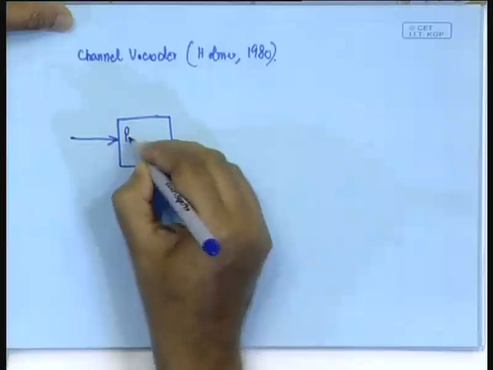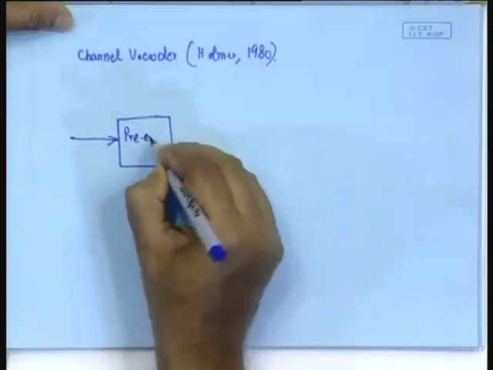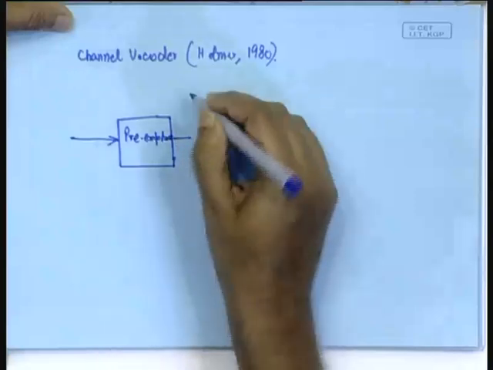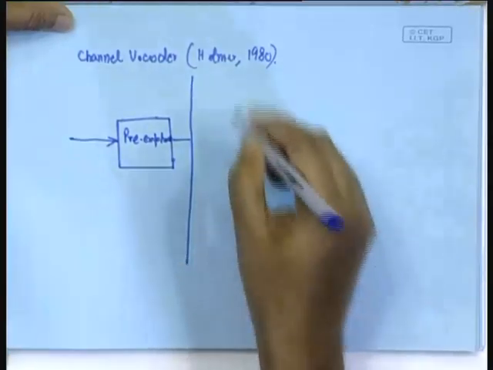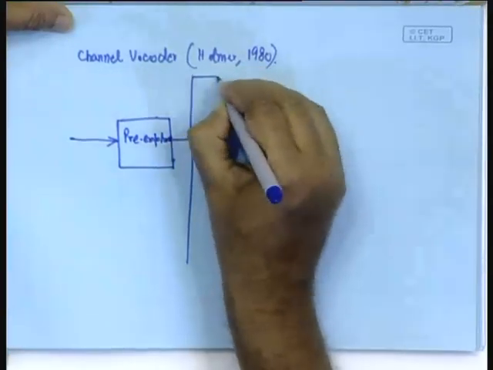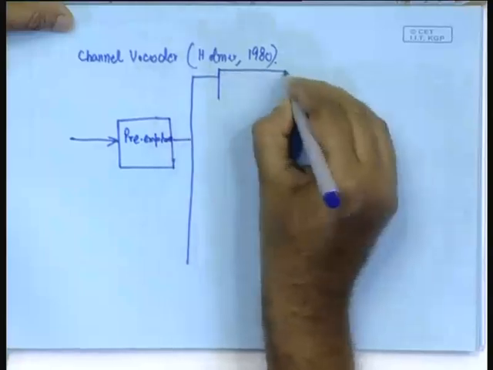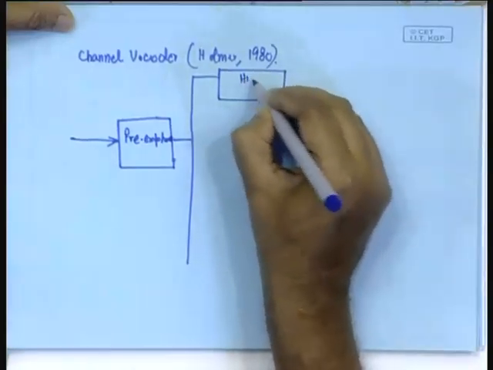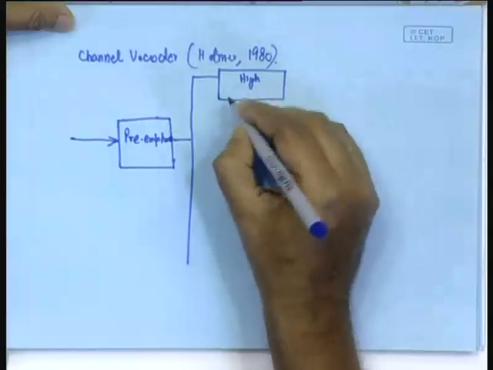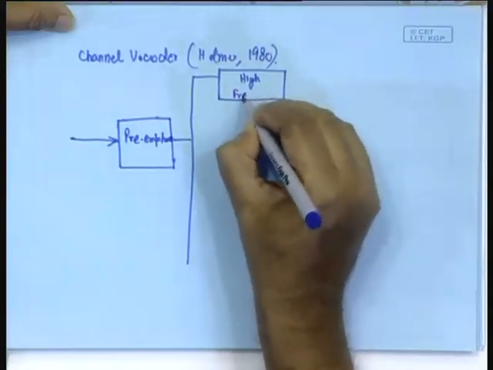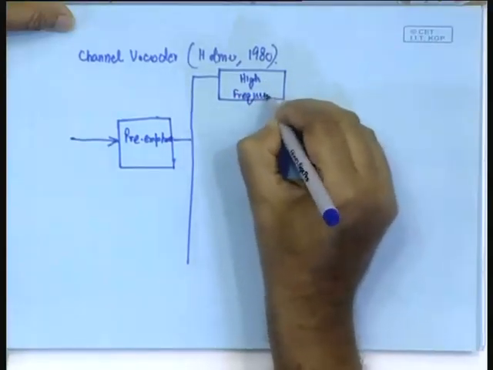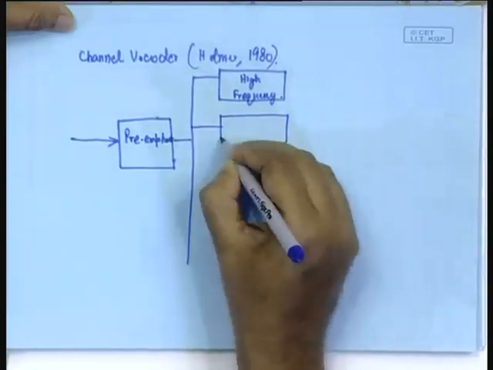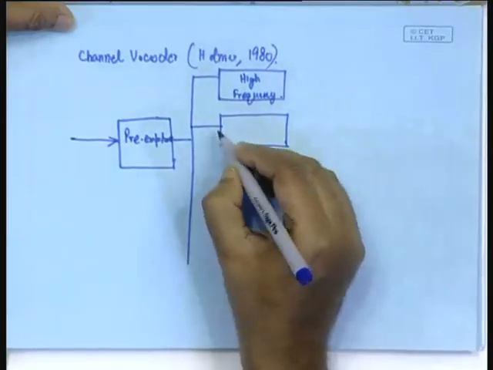In the channel vocoder, essentially there will be a pre-emphasis filter, some pre-filtering basically, and then the pre-emphasis outputs will be fed to a bank of band pass filters. Here we have the high frequency, and progressively lower and lower frequency band pass filters will be used.